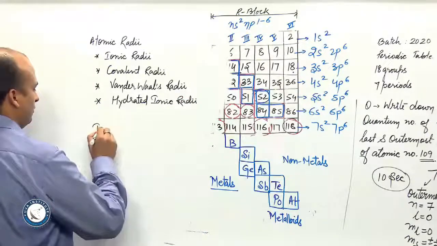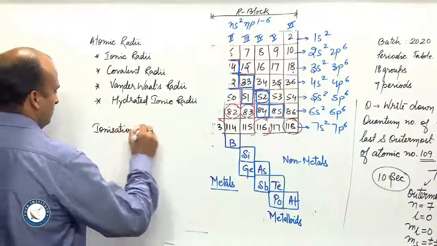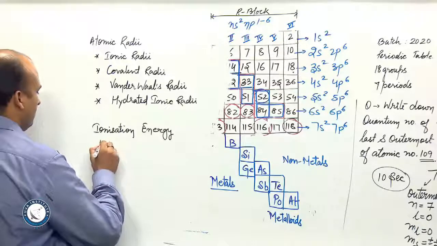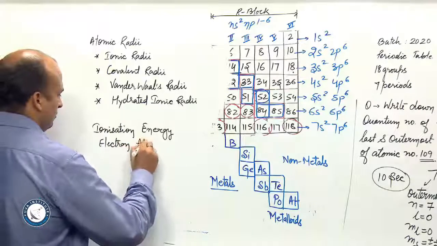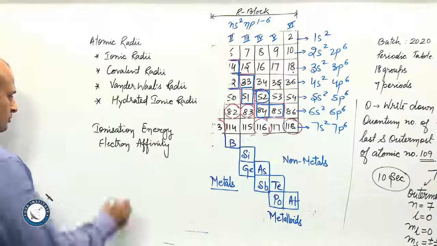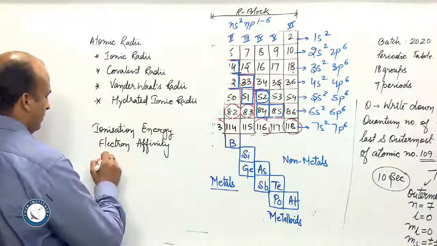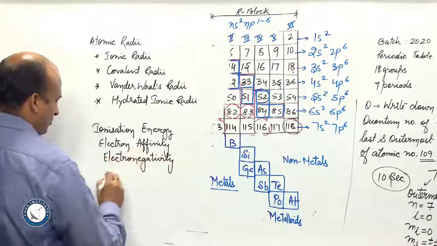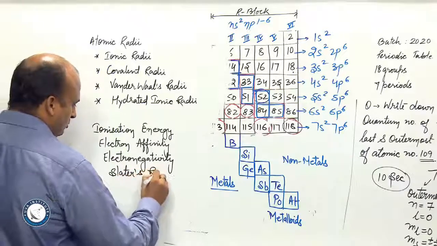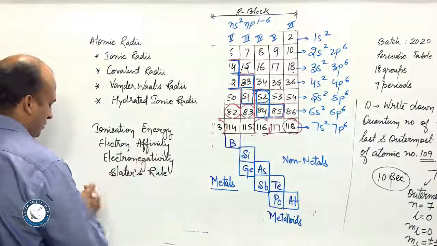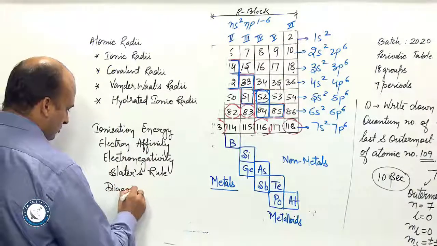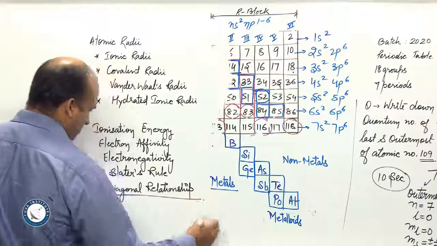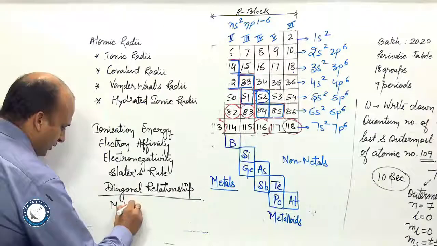After that we will be talking about ionization energy, after that electron affinity, then we will talk about electron affinity, termed as electron gain enthalpy, electronegativity, then Slater's rule, then diagonal relationship, okay, and lastly metallic and non-metallic character.